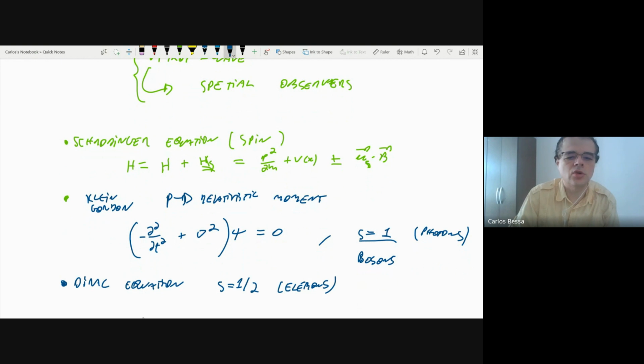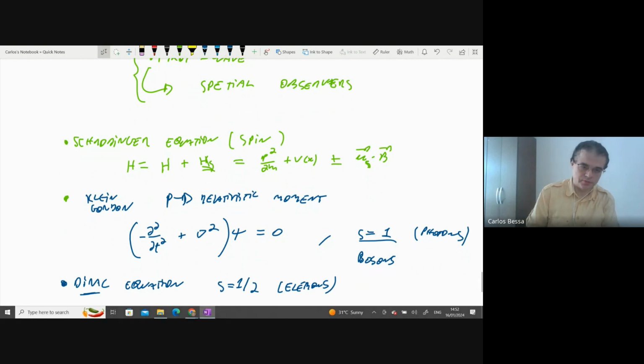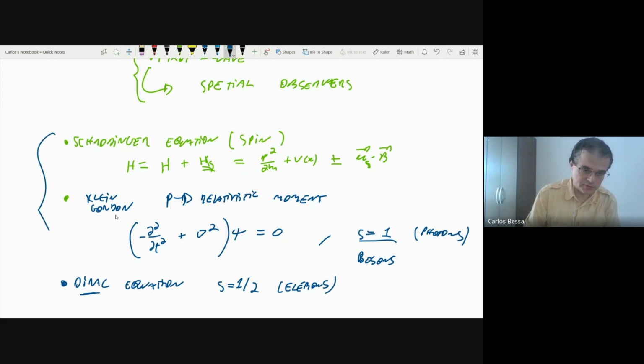It's not always valid. So if you want the complete treatment, it's the Dirac equation, that is relativistic, and the spin is right for electrons or protons, and so on. But this is still the Copenhagen interpretation. And in these two cases, special relativity is valid.